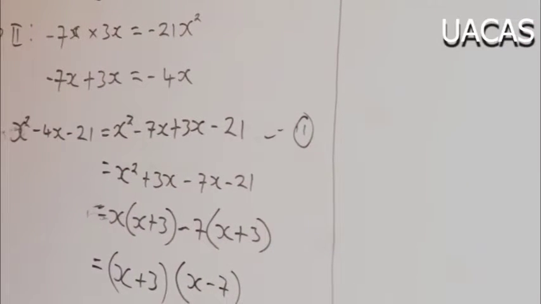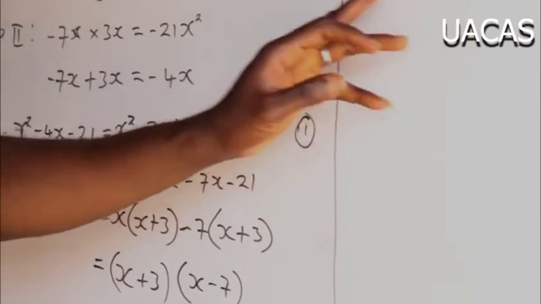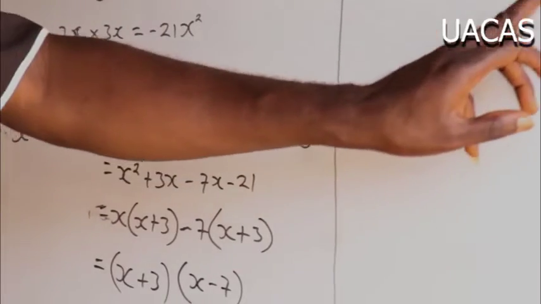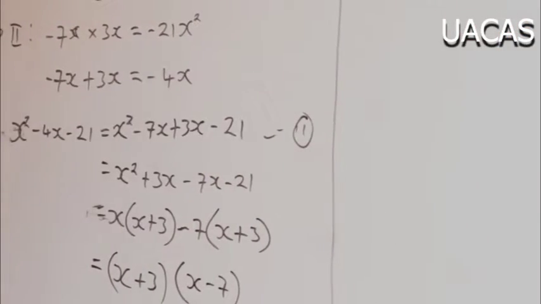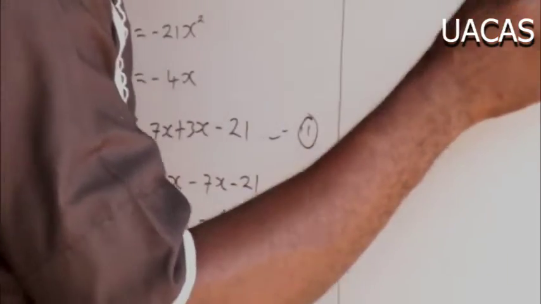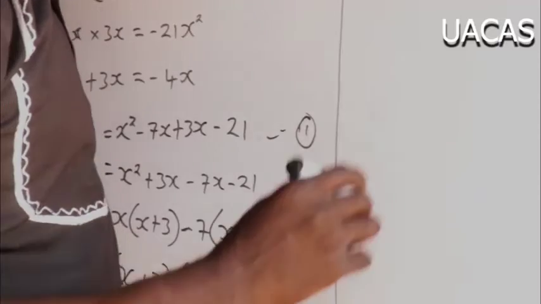Now you look at it. x times x, we have x squared. x times minus 7, we have minus 7x. 3 times x, we have plus 3x. Then 3 times minus 7, we have minus 21.